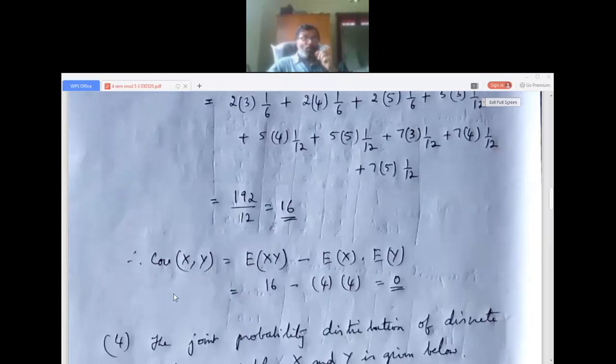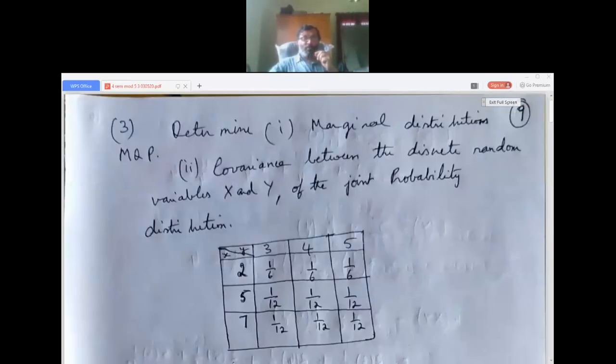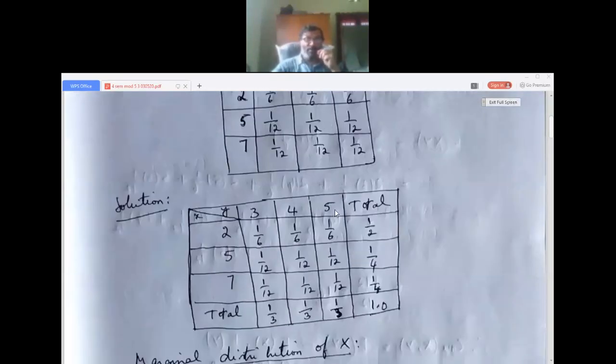Now we write the covariance of xy, because of the question you can see here. This first sub question was marginal distribution. The second sub question is the covariance between the discrete random variables x and y of the joint probability distribution.